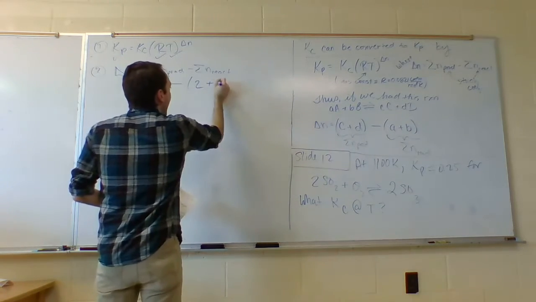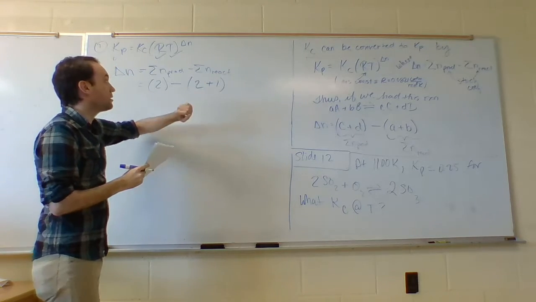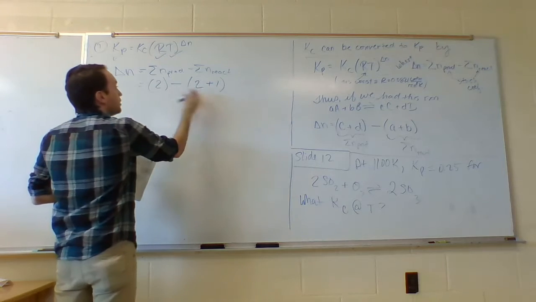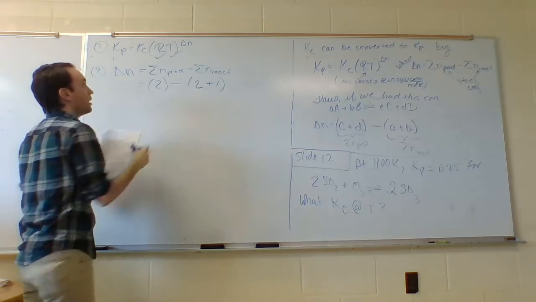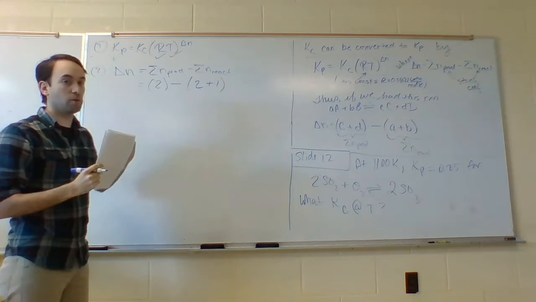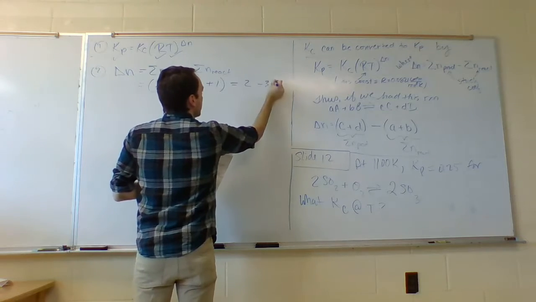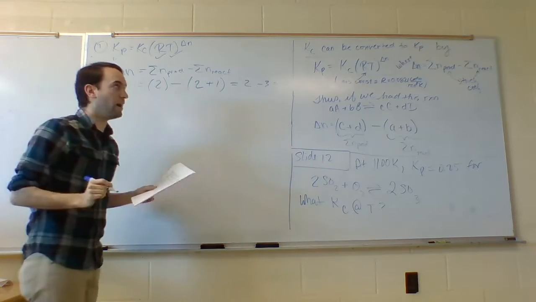So I'm going to also add that, because again, you're adding all the coefficients for the reactants, and you're subtracting all of that away from the sum for the products. So you take the sum of the products minus the sum of the reactants, right? So from this, you get 2 minus 3, which is equal to a negative 1.